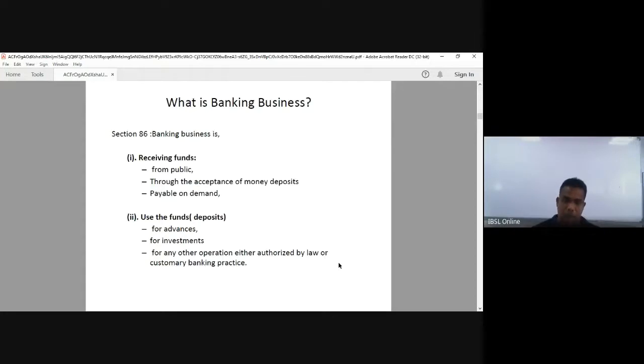We receive funds from the public and we have to pay some interest to the depositors. To pay interest to the depositors, the bank has to generate money out of these funds. Otherwise, what will happen? The bank can't survive. So say we take a deposit of 100,000 from a customer and we agree to pay 5% interest at the end of the year, a 1 year fixed deposit.